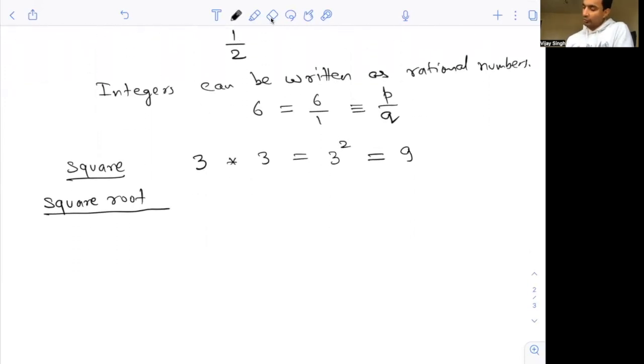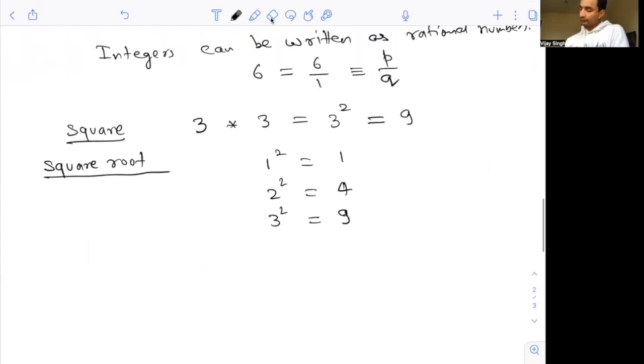So let's first look at the square of several numbers. 1 square would be equal to 1. 2 square would be equal to 4. 3 squared would be equal to 9, and so on. So if you square these numbers 1, 2, 3, and so on, you will get the numbers 1, 4, 9, and so on.